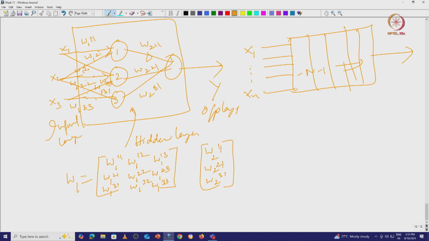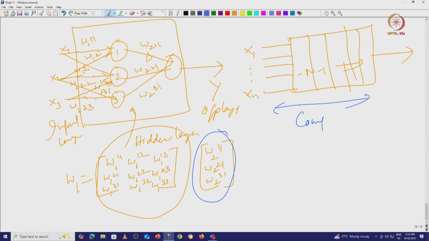The coding part is separate, the representation is slightly different, but intuitively what it means is for every layer you will have a weight matrix, right, and as the number of layers increase, complexity and capability both increase, but so is the training burden, etc., etc. That also increases. Okay.